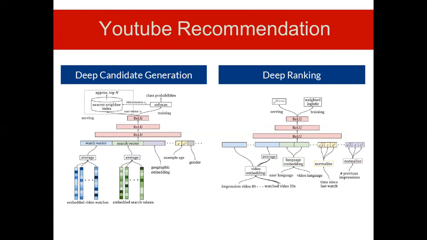If you want to know the tricks and how to make a recommender system scalable, I highly recommend you read this paper. The architecture is not very complicated, but I think they apply lots of very useful heuristics to make it scalable, to handle millions of videos.